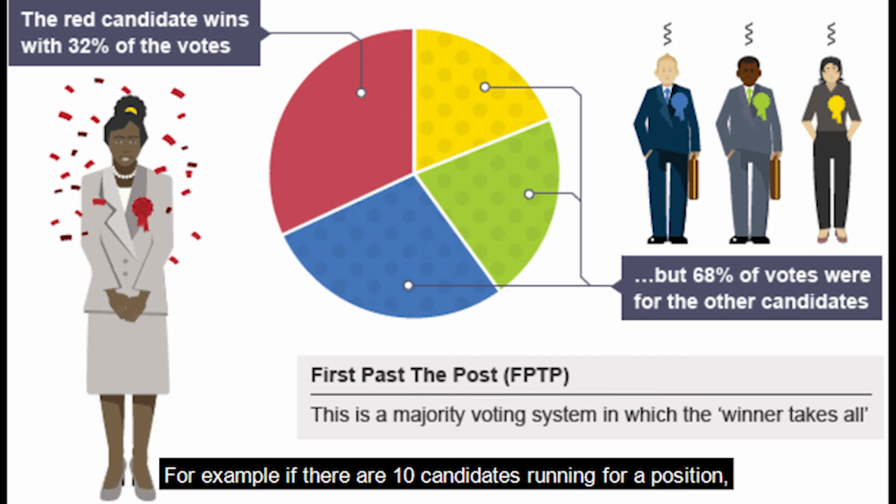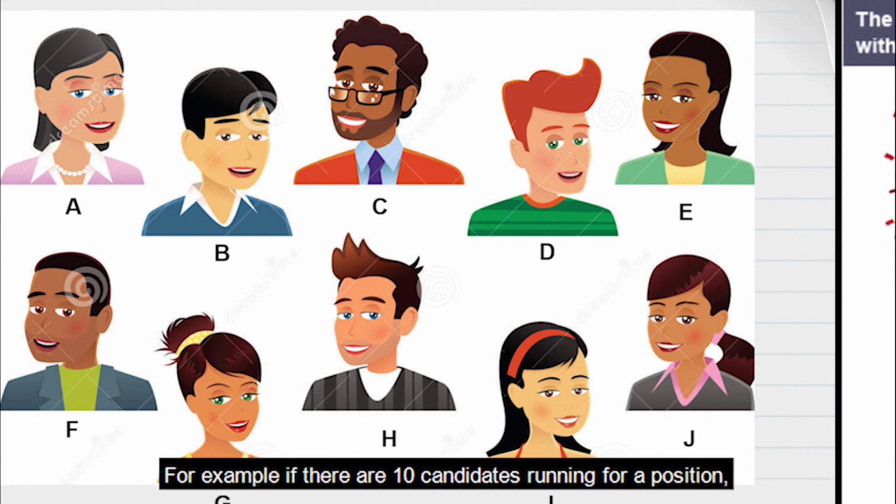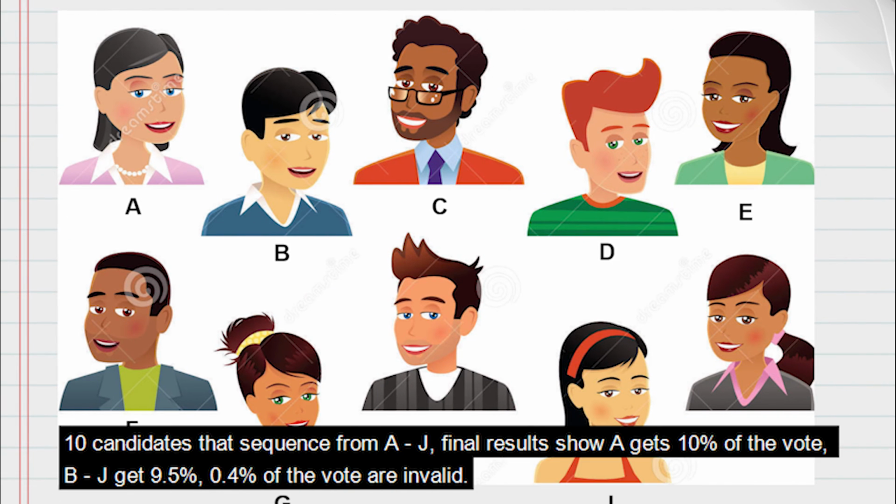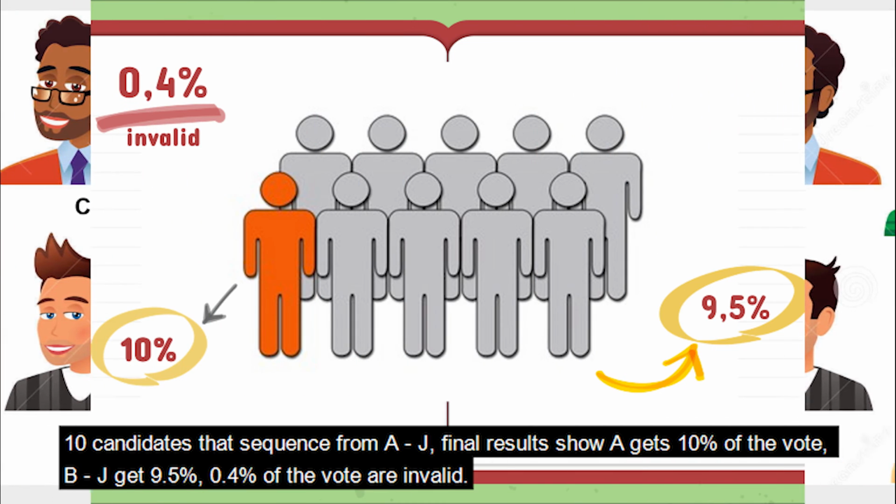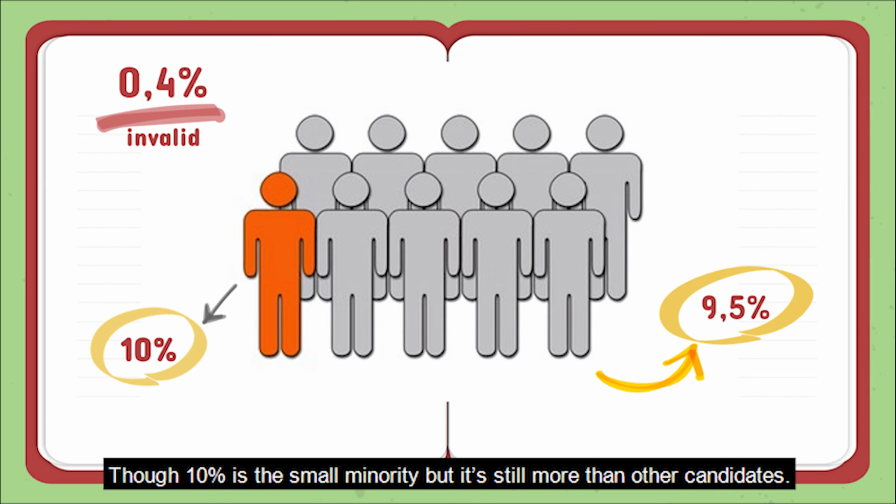For example, if there are 10 candidates running for a position, sequenced from A to J, final results show A gets 10% of the vote, B to J get 9.5%, and 0.4% of the votes are invalid. Though 10% is a small minority, it's still more than the other candidates.